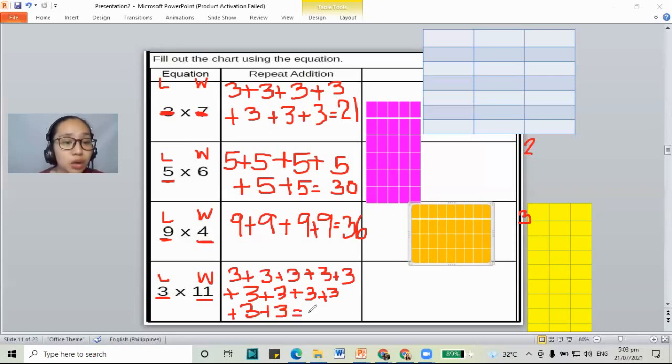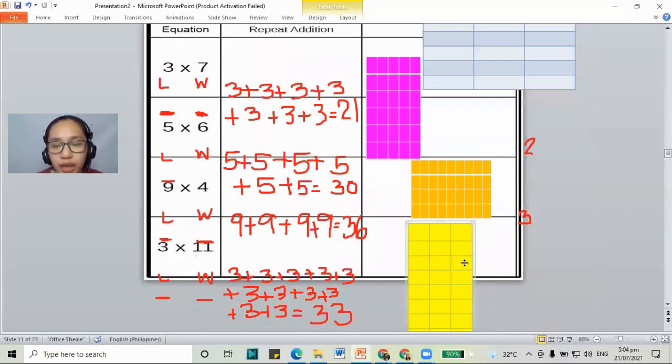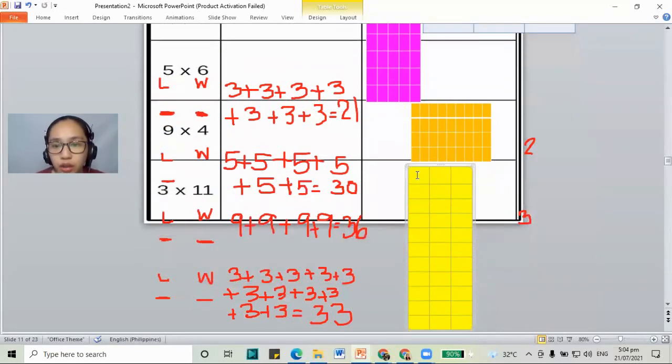And remember, when we multiply 3 or other numbers, 9 and below, to 11, it will double. So, you have 33. And how about for the figure? It's this one because you get 3 in a row and 11 squares in a column.